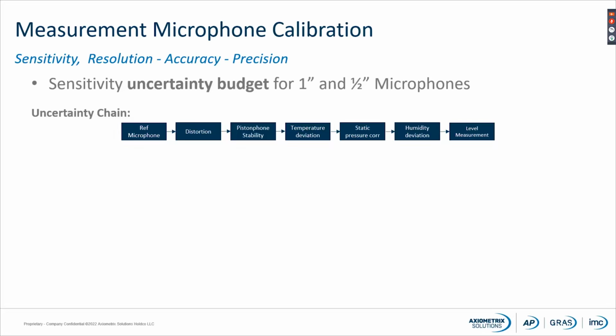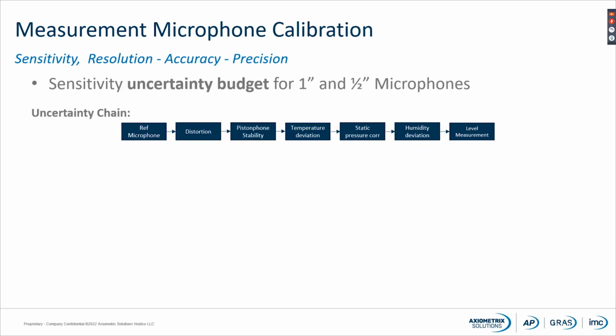We are also using a pistonphone. There is also some uncertainty on the stability of the pistonphones. Then we have to compensate, or we will have some uncertainties, if we change the temperature for the calibrations.